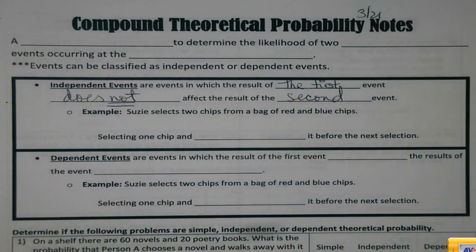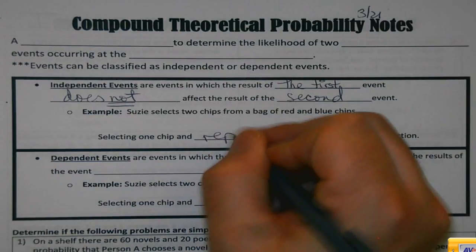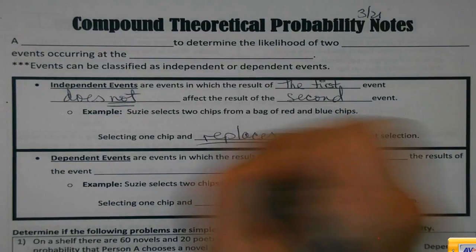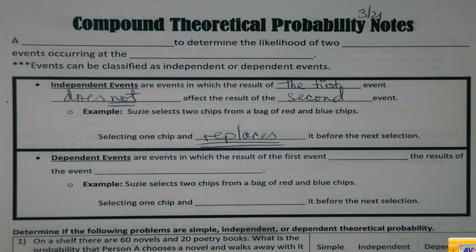So for instance, if Susie selects 2 chips from a bag of red and blue chips, if she selects a chip, so let's say she gets a red one, and replaces it before the next selection. Because if she takes the chip she just got and puts it back in the bag, whoever draws next, even if it's her, has the same chance of getting all the chips that she did originally. So they're independent. It's not like it changed her probability at all.